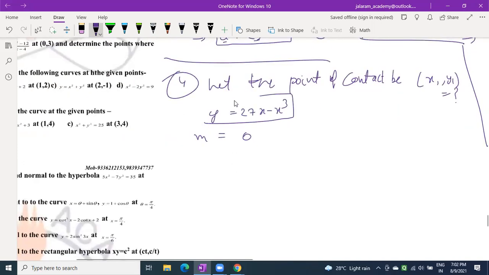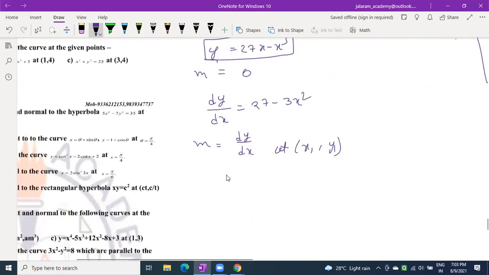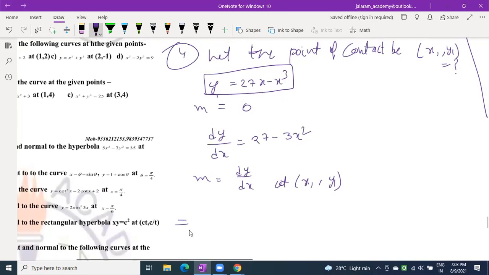First differentiate this. dy by dx equals 27, the differentiation of 27x, minus 3x squared, the differentiation of x cube. So the slope is dy by dx at the point of contact, which is (x1, y1).